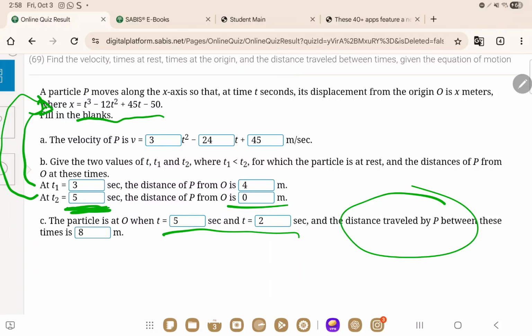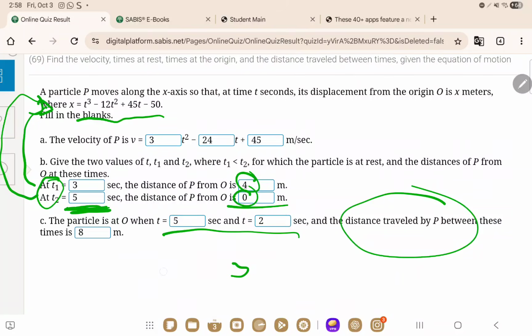And in the previous question, we found out that these two values reach rest at 4 meters, and at 5 it goes back to the origin. So at 0 seconds, it's probably at the origin. At 2 seconds, it probably traveled, and by 5 seconds, it probably went back. So what do we know?